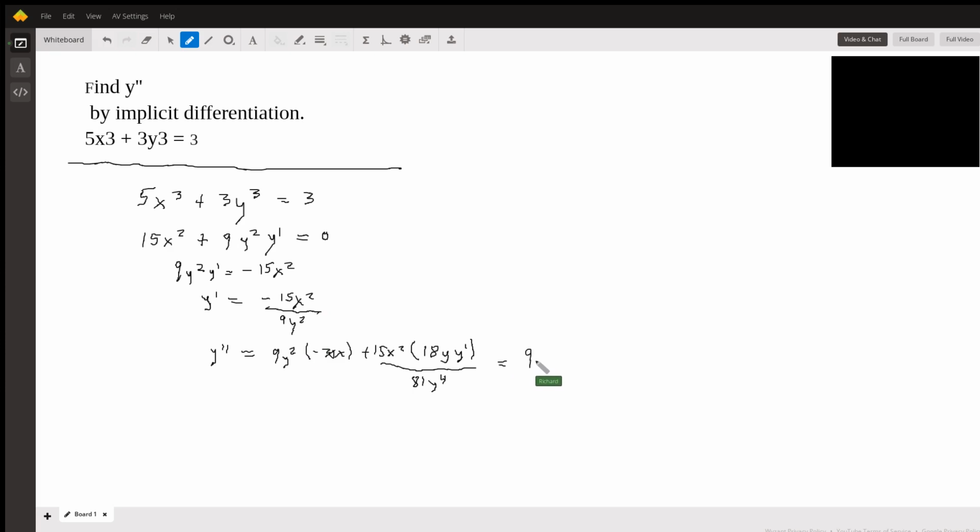So 9y squared. Oh, let's clean this up a little bit. So it's 30 times 9. Let's do that. That's 270.